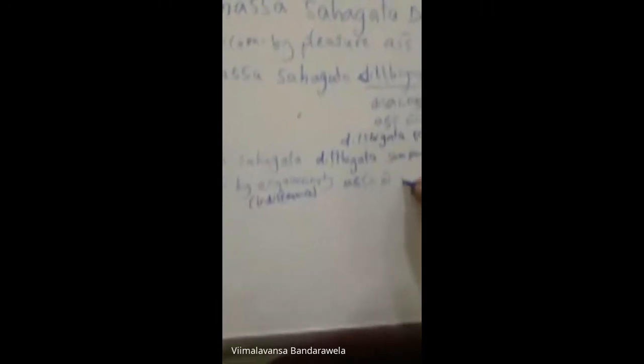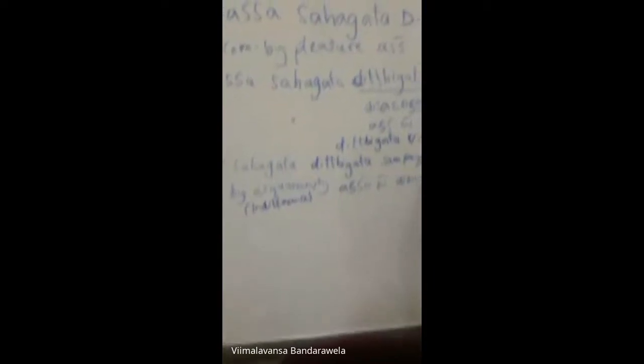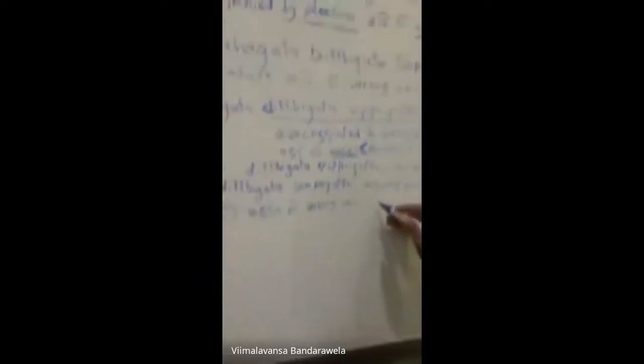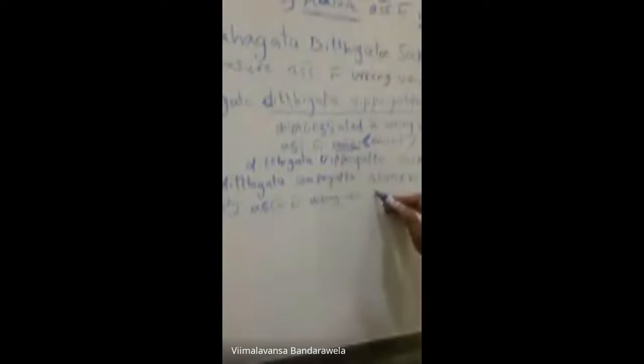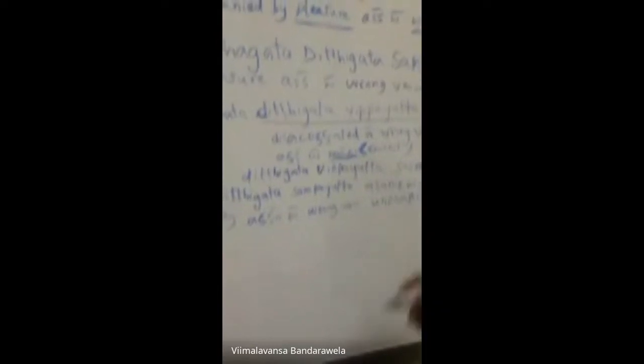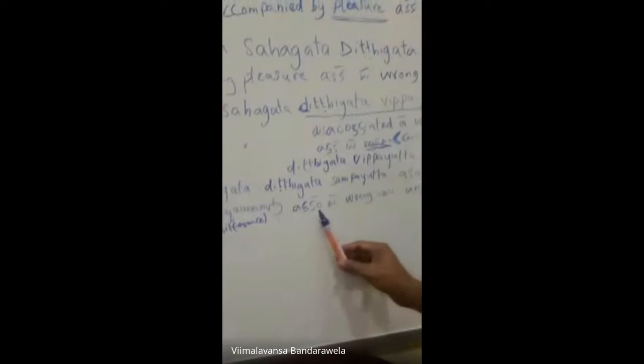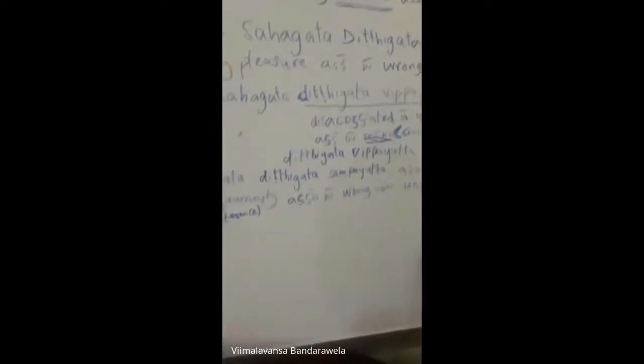Associated with wrong view, asankarika. Asankarika means unprompted. Then the consciousness accompanied by equanimity, associated with wrong view, unprompted.